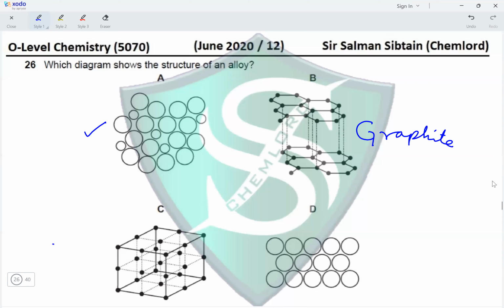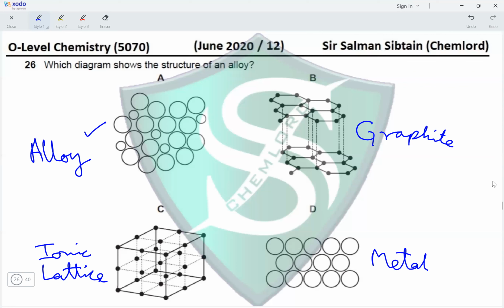C is an ionic lattice. An alloy is made up of a metal and a metal or a metal and a non-metal, so not an ionic compound. And D shows ions together, so this is the arrangement in a metal. So the only one that represents the structure of an alloy is A, making option A the correct option for this question.